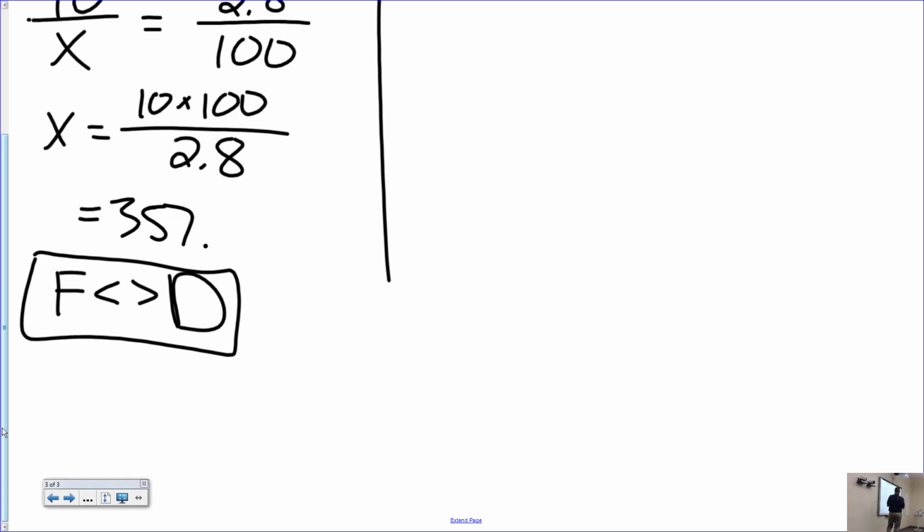It's up above the PRB button, F arrow arrow D. That's what's known as the fraction to decimal button. So if you hit the second key and then punch PRB and hit equals, what does your calculator spit back at? 357 and 1/7.